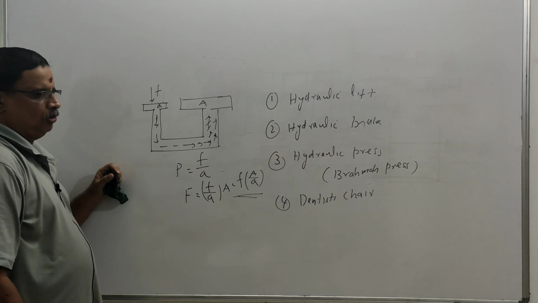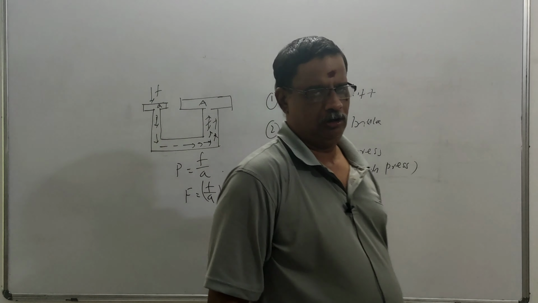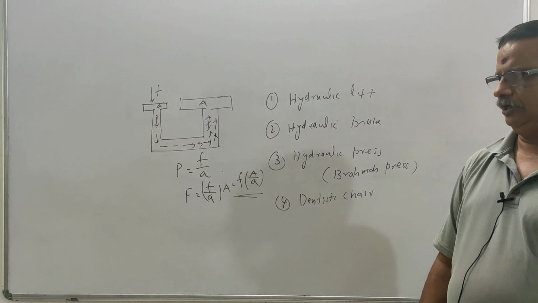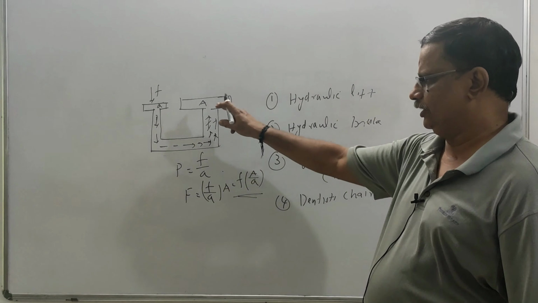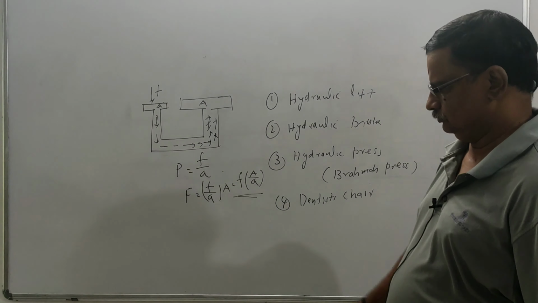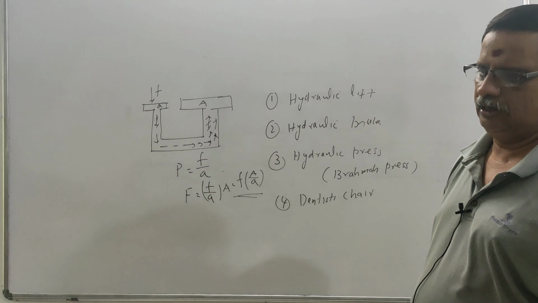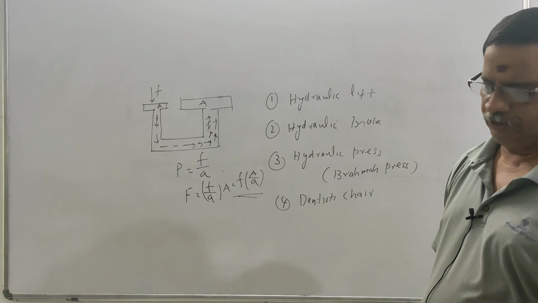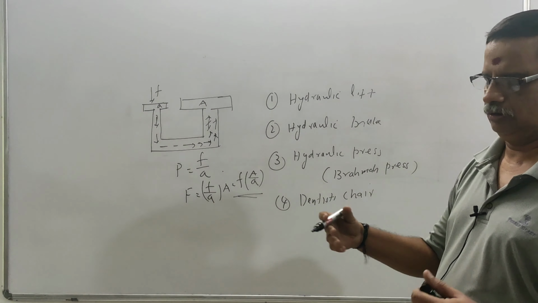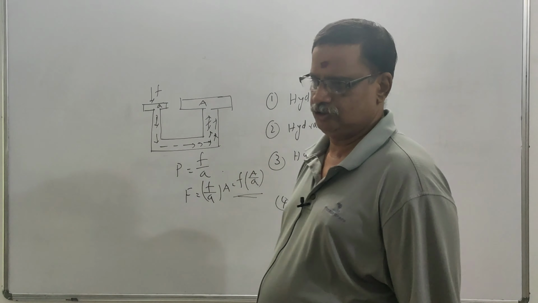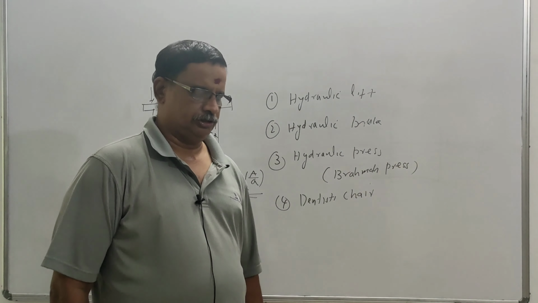Even though small f and small a are very small, capital A is a very large number. That area is very large when compared to the area of the smaller platform. So capital A by small a is a huge number. When you multiply the small force with such a huge number, you will get a large amount of force using which you can lift vehicles.